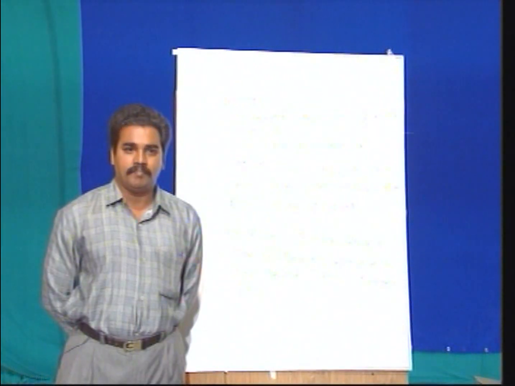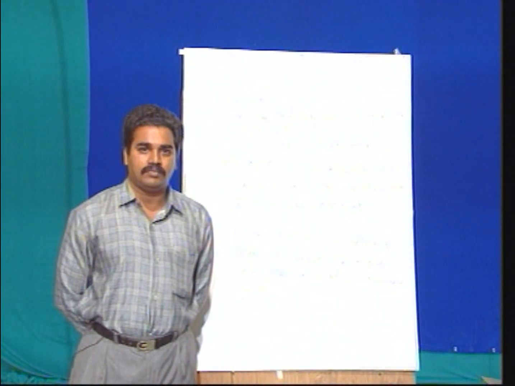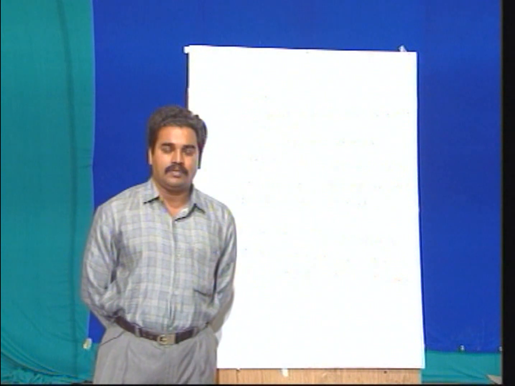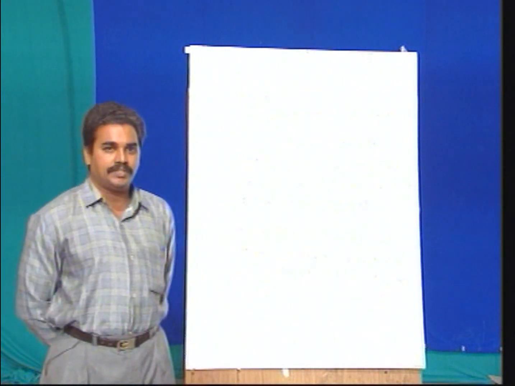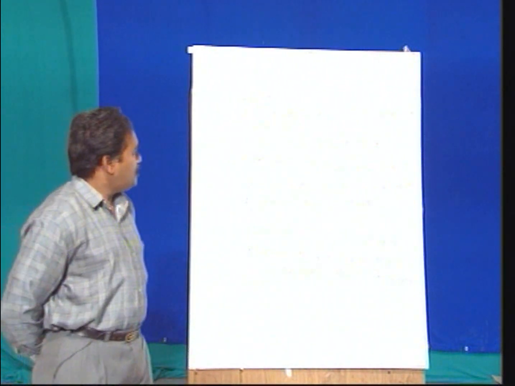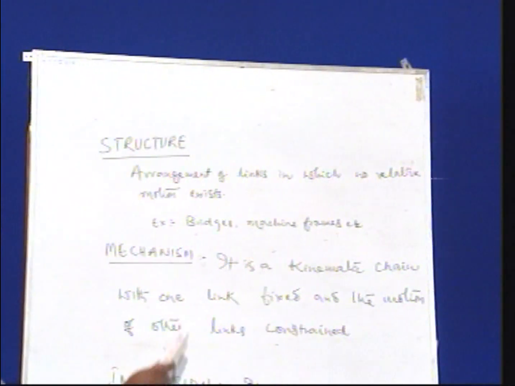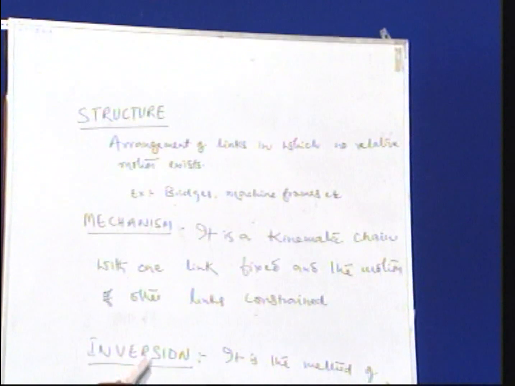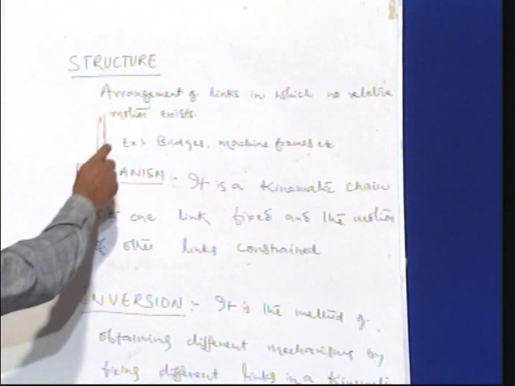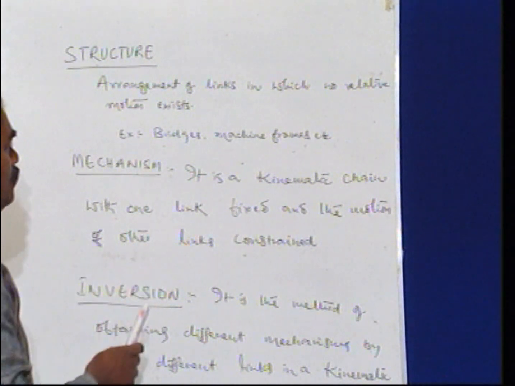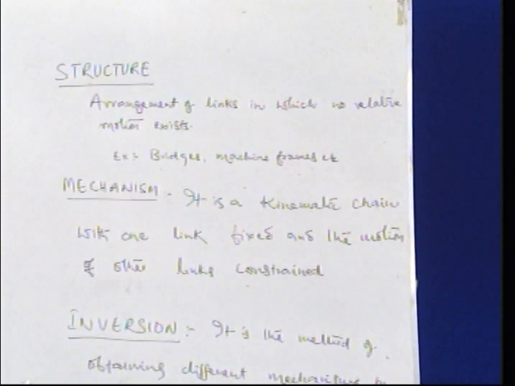We have seen just now what a kinematic chain is. Now we try to understand what is a structure, a mechanism, and inversion. A structure is the arrangement of links in which no relative motion exists.